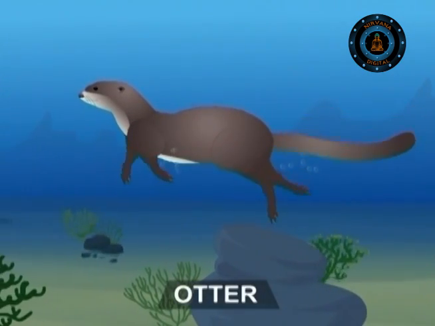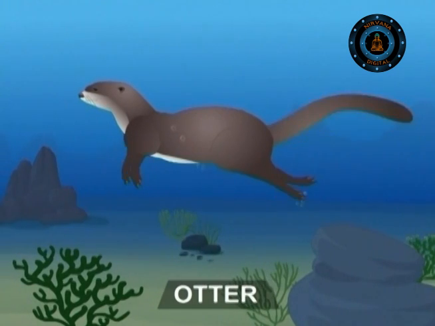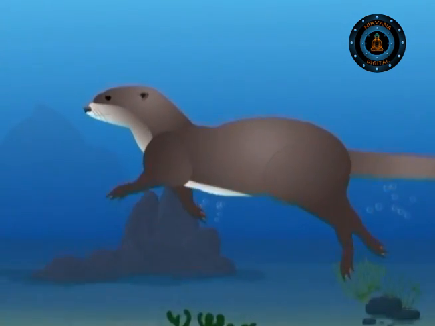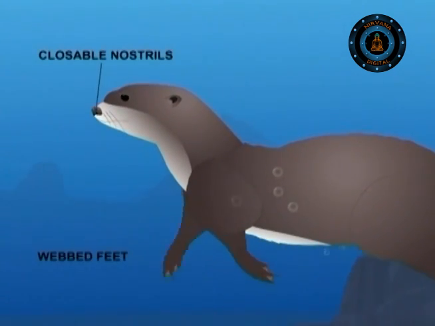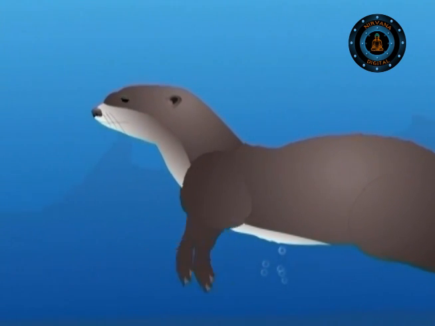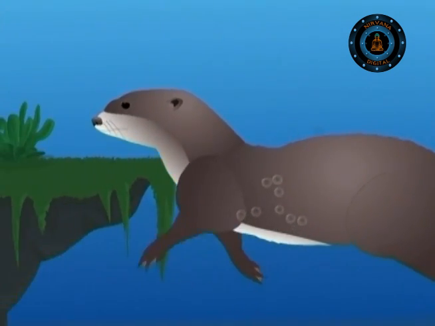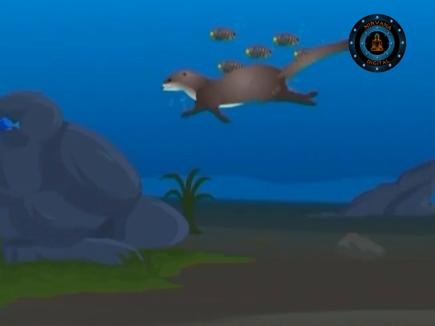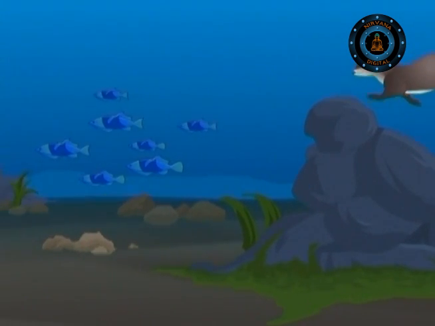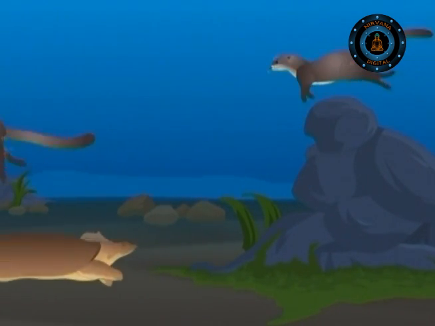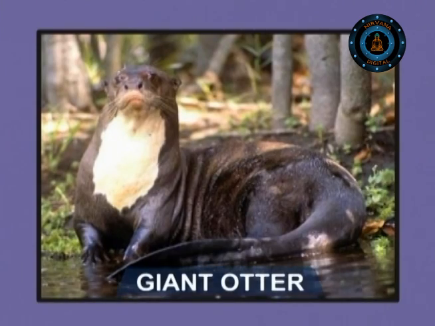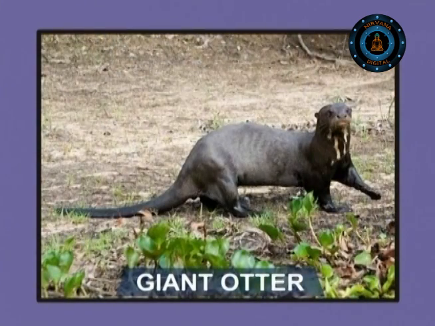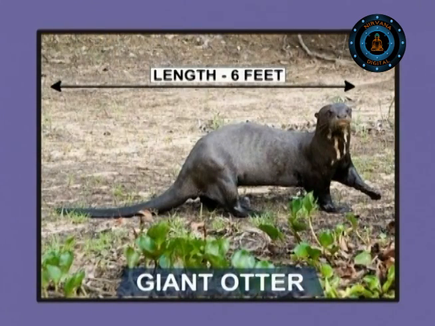Otter is another aquatic mammal that often comes onto the land, in spite of having webbed feet and closable nostrils to help themselves underwater. These otters are playful mammals and are expert underwater hunters. The giant otter of the Amazon grows to a full length of 6 feet.